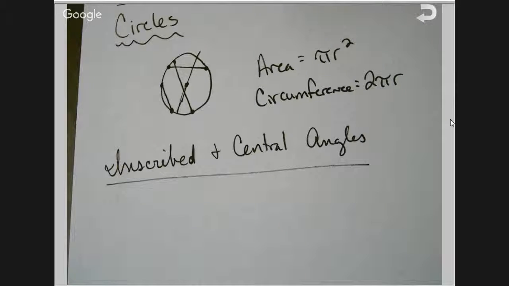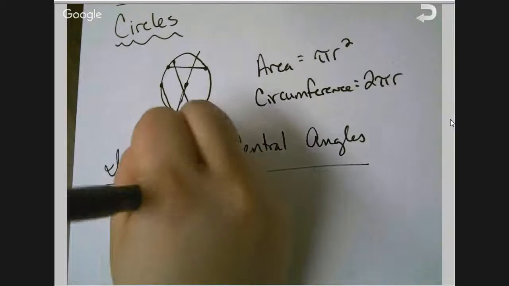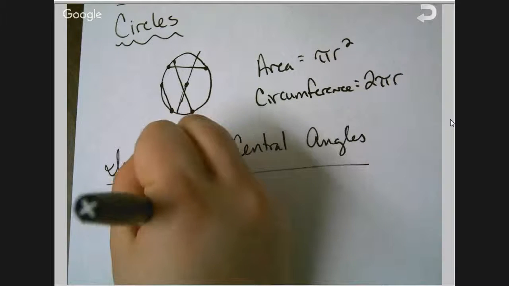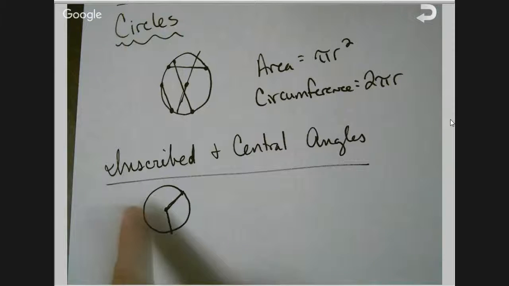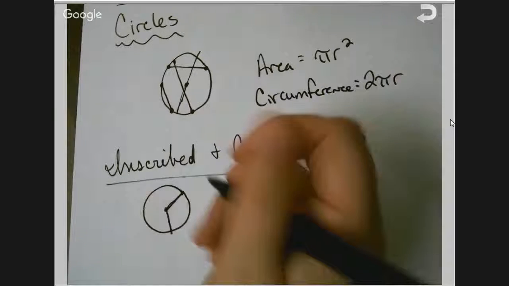If you struggle to remember which one's which, central is literally from the center out. So if I have a circle, remember we don't judge my drawing abilities. A central angle will have its vertex at the center and then connect to the other sides.